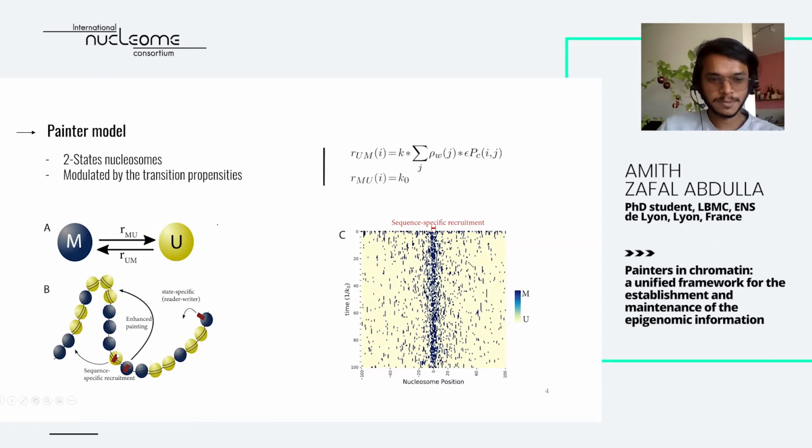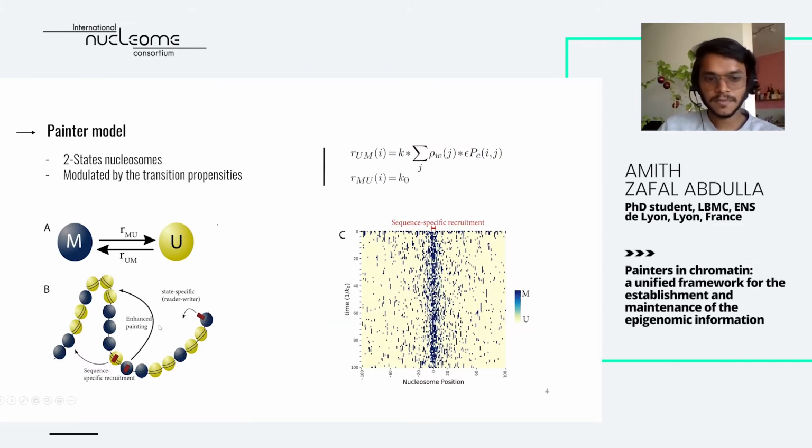And this is a specific site where I have sequence-specific recruitment. Here, there are enzymes bound to the DNA sequence, these are histone modifying enzymes, which cause the spread of modified state M. And as you see here, these enzymes can actually be recruited by the modified state itself. The nucleosome in modified state can recruit these enzymes as well.